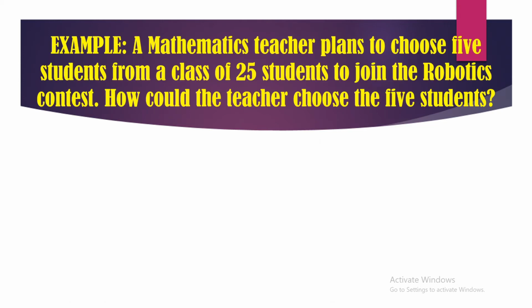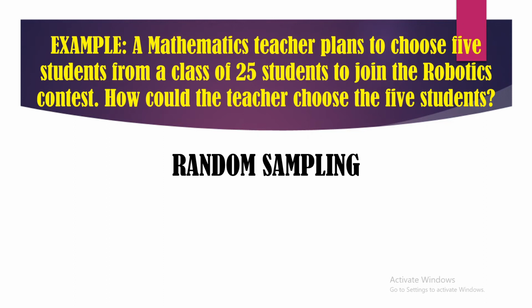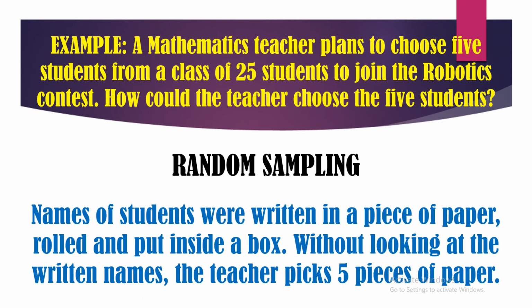Let us have more examples. We have this situation. A mathematics teacher plans to choose 5 students from a class of 25 students to join the robotics contest. How could the teacher choose the 5 students? Using random sampling, we can have this one. Names of students were written on pieces of paper, rolled, and put inside a box.